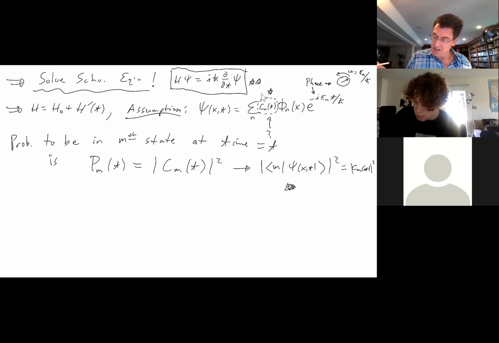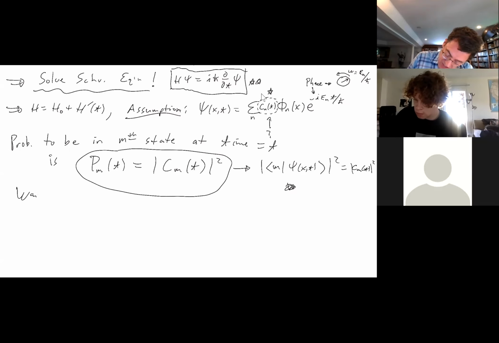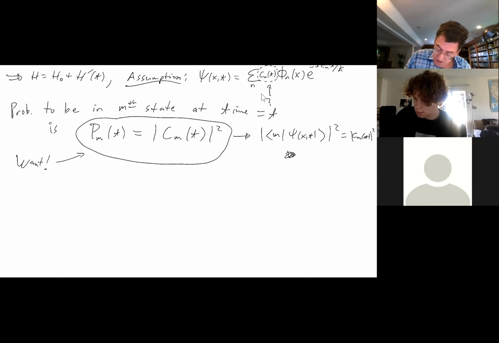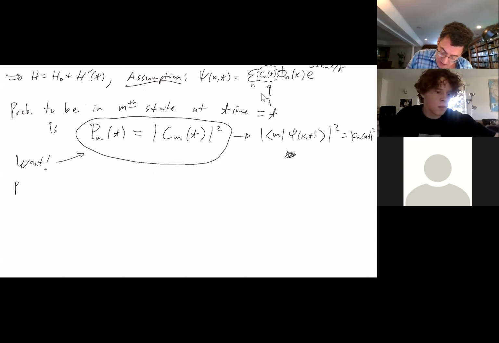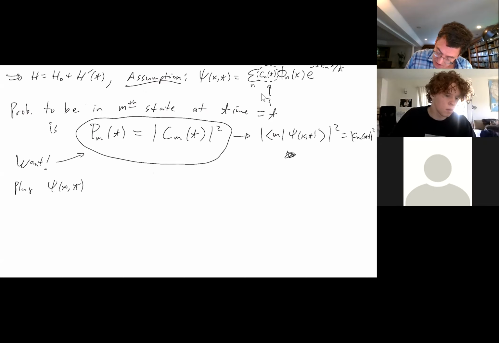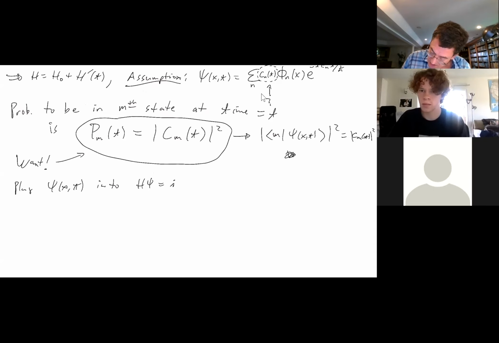Okay, and we did that last time. So this is the probability. This is what we want. That's the whole point of this exercise, is to get that. So how do we get that? Well, we just plug psi of x,t into the Schrodinger equation, H psi equals i h bar d/dt psi.